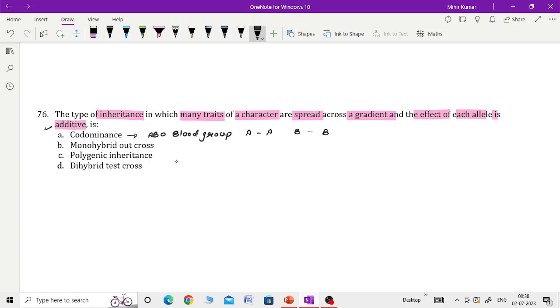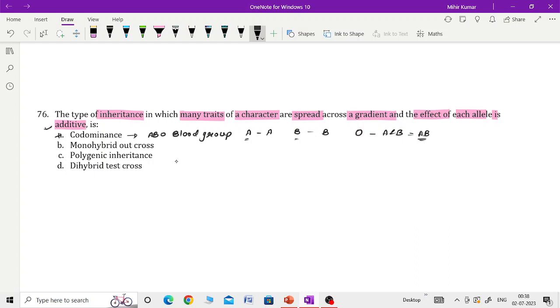If the cell lacks A and B, then the phenotype is O. But if A and B both are present on the RBC, then the phenotype is AB. That is the codominance, because both alleles represent their dominance. That is not like a gradient and not additive. So that is not a correct answer.